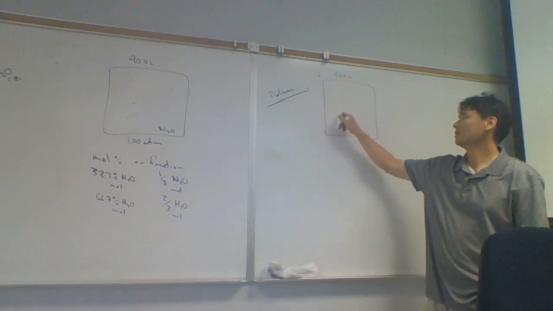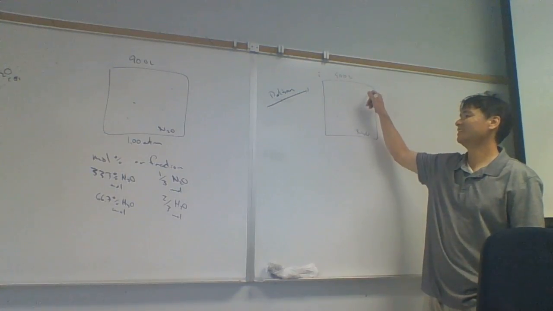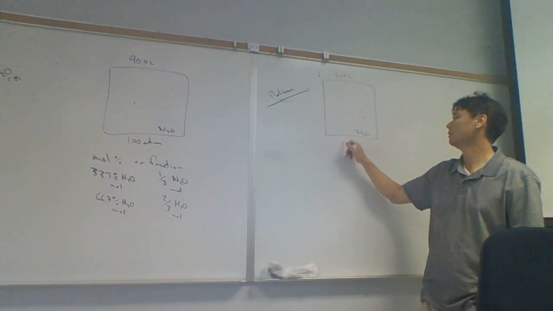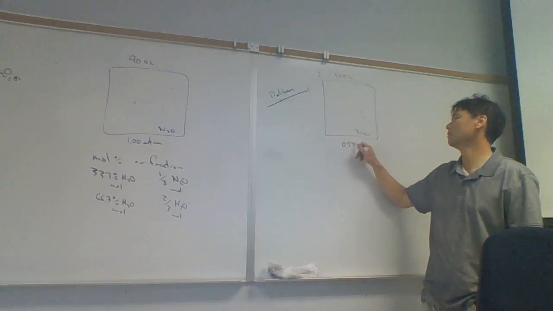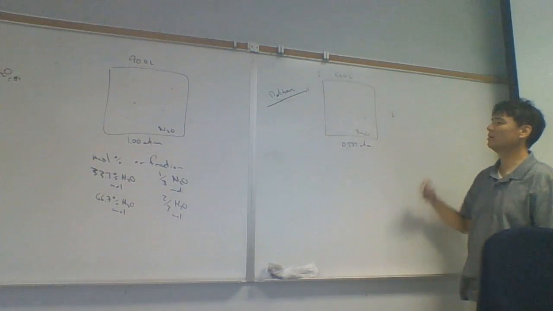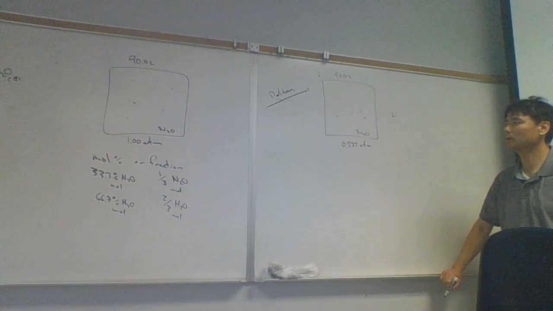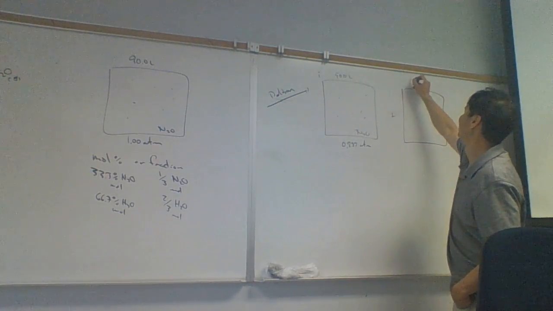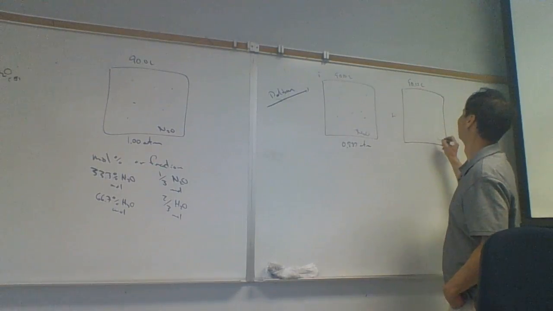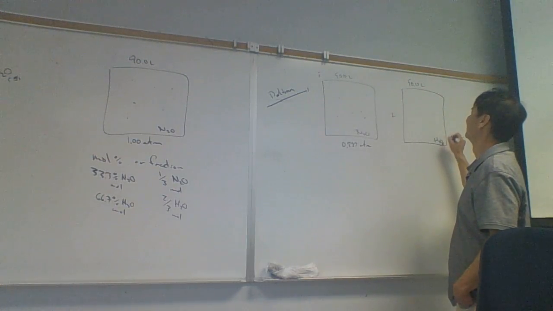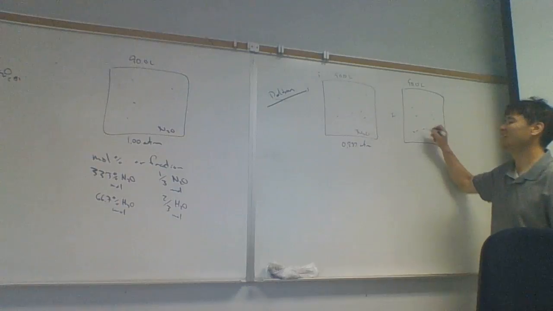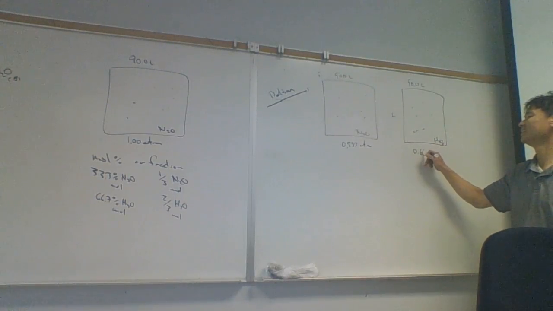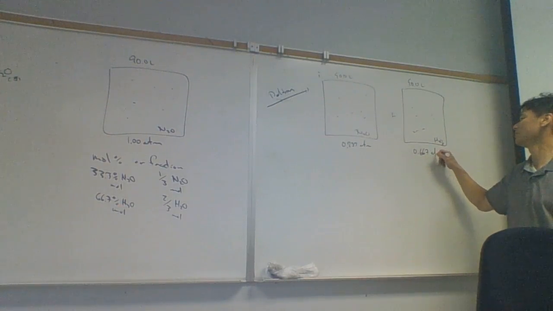What would the pressure of the nitrous oxide be? Yeah, exactly. It would be 0.333 atmospheres. Good. And then how many liters of water vapor would I have? I'd have 90 liters of water vapor too, and this would be at 0.667 atmospheres.